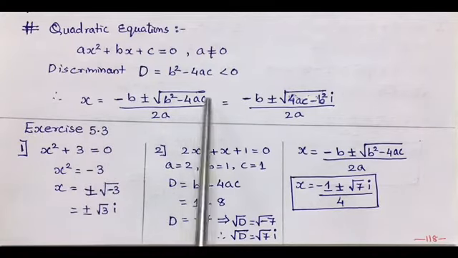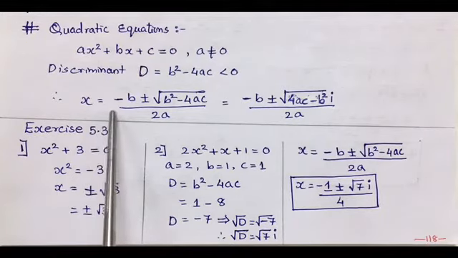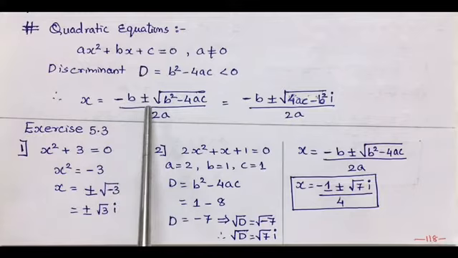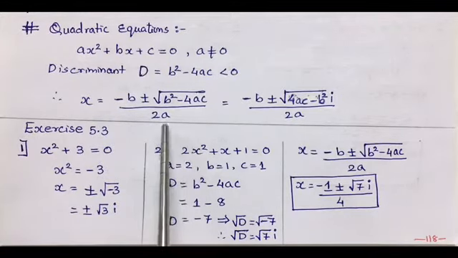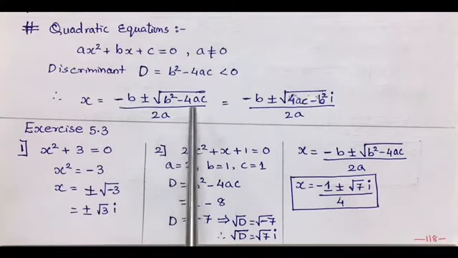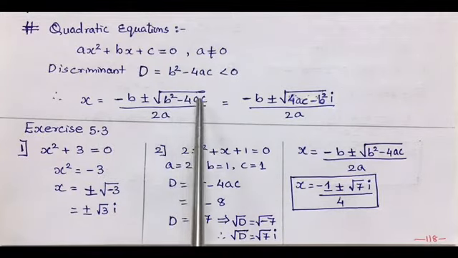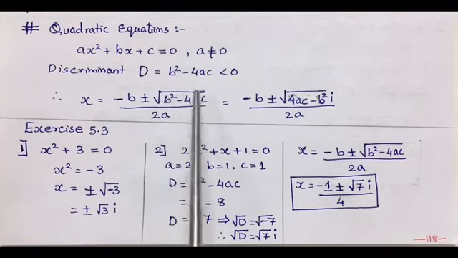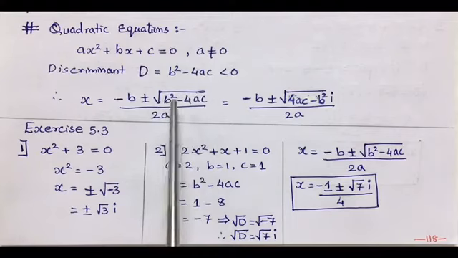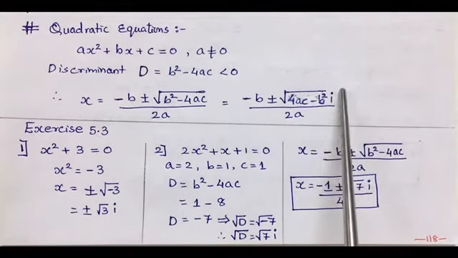You already know the formula for calculating x, that is x is equal to minus b plus or minus under root b square minus 4ac divided by 2a. And if you interchange 4ac and b square by taking out a negative sign common, inside the root it will become negative, and root of negative is taken as i.